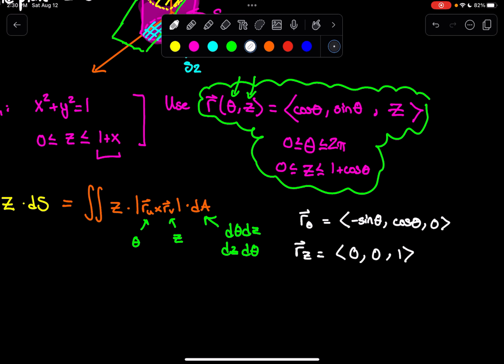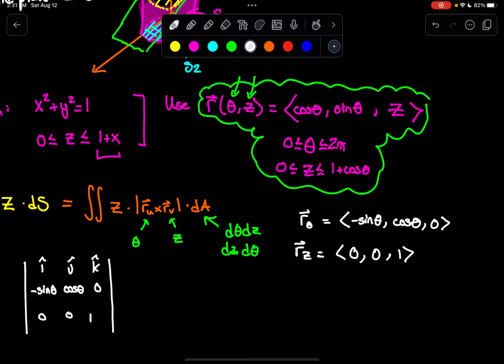So when we do the cross product of this, we're going to get our i, our j, our k. We pop them in: negative sine theta, cosine theta, 0, then 0, 0, 1.